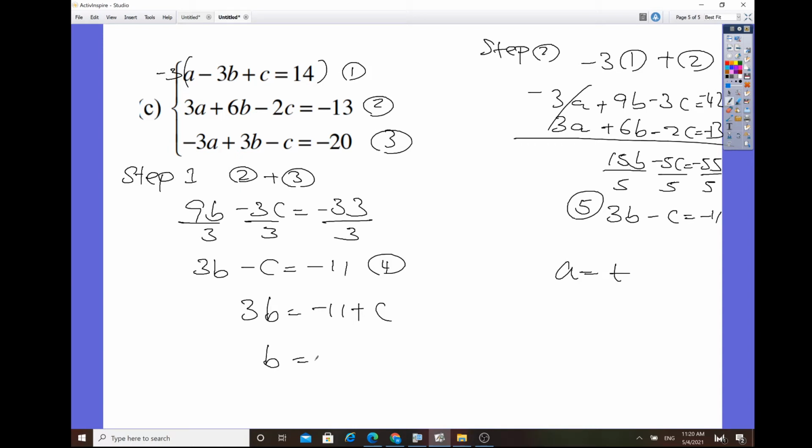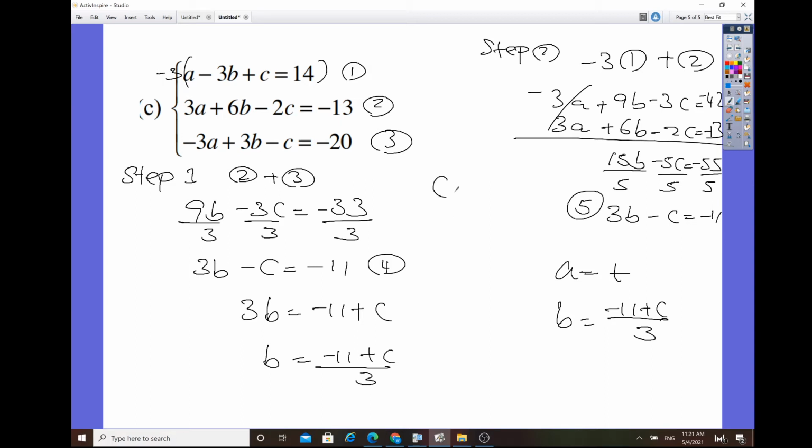So b equals negative 11 plus c over 3. And then how do you solve for c? We cannot come up with an exact value, because it's infinitely many solutions.